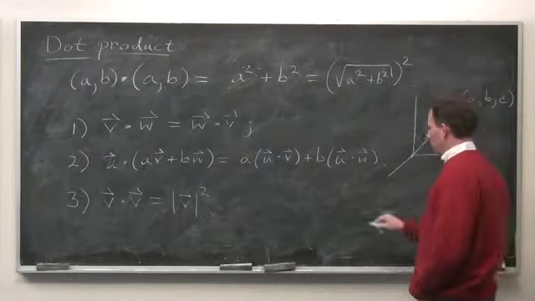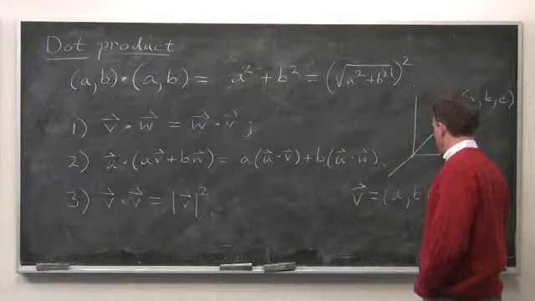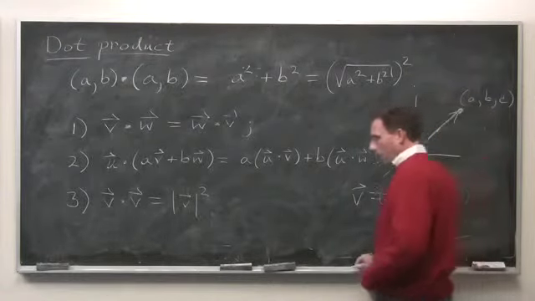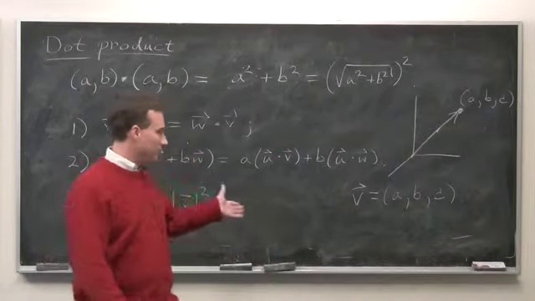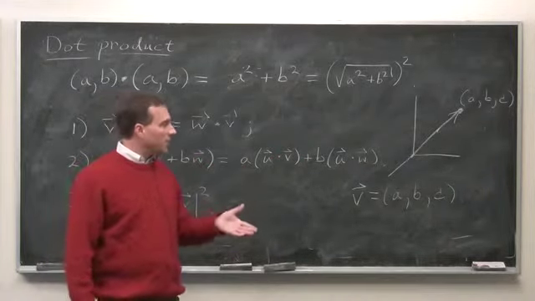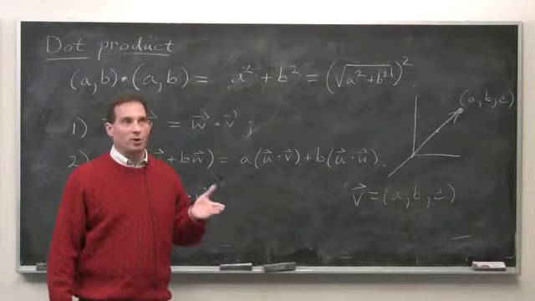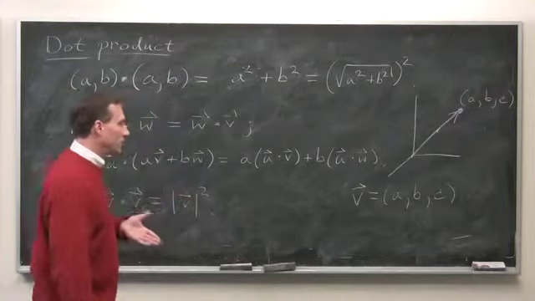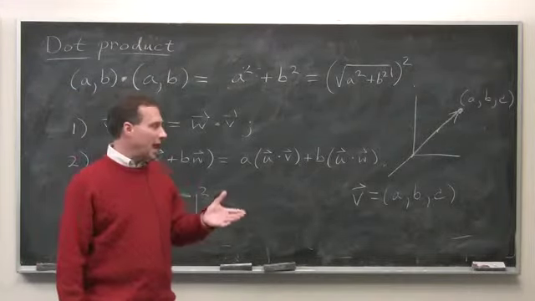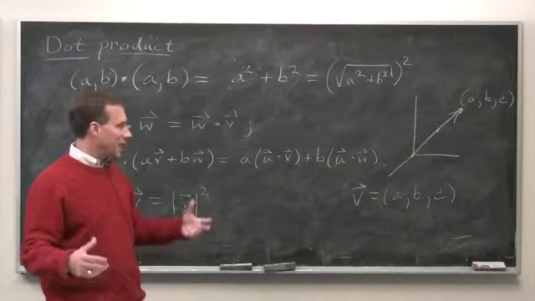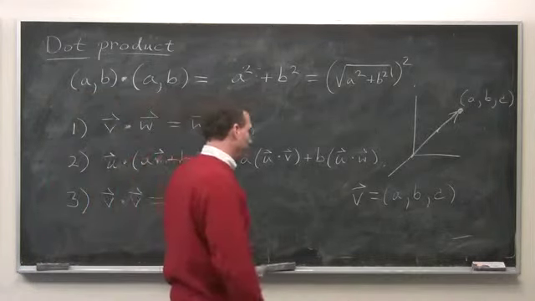So once again, we talk about a vector, and we use notation that could mean a point, but the context makes it clear. Either we say explicitly that we're thinking of it as a vector, we write the vector v equals ABC, or we perform some operation on it that makes it clear we're not thinking of the ordered triple ABC as a point, like we take its magnitude, or we add it to another ordered triple, so then we're thinking of them as vectors, or we scalar multiply it.